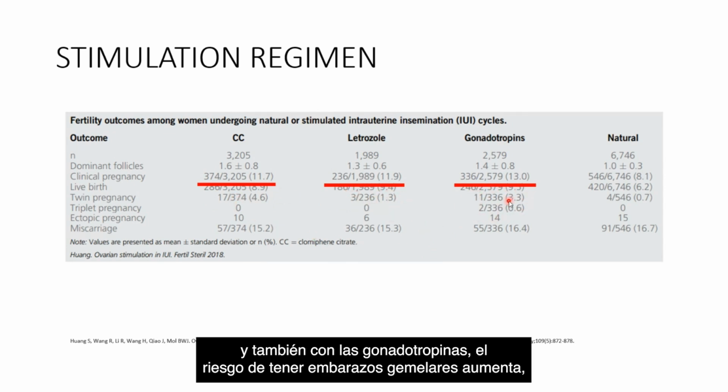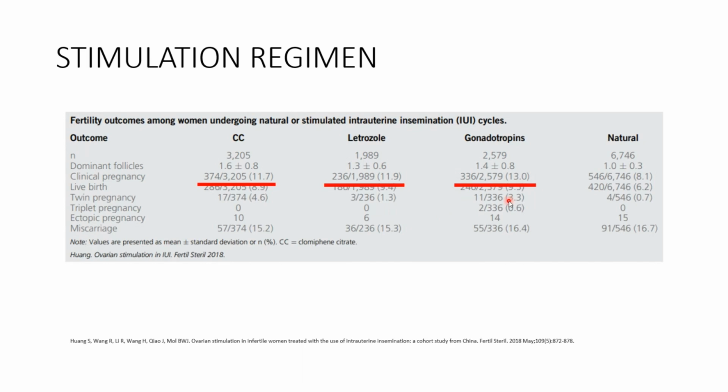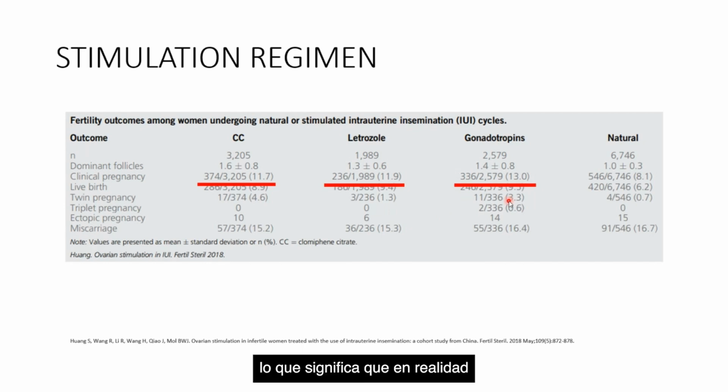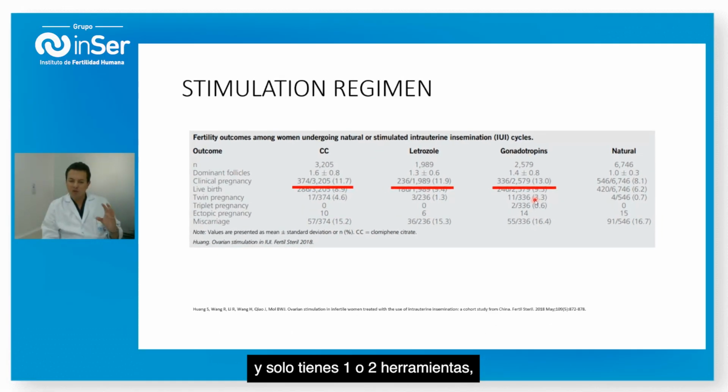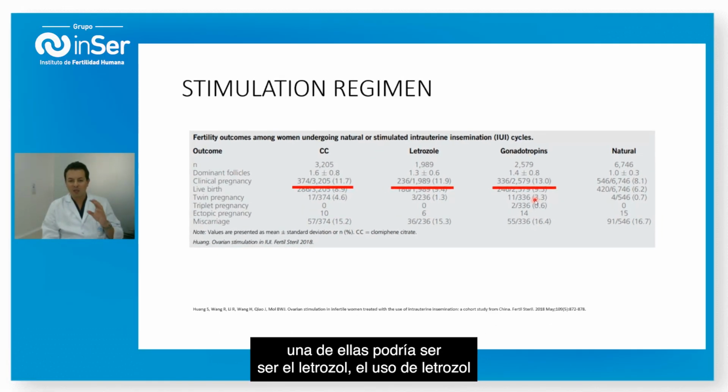And with the gonadotropins, the risk of twin pregnancies also increases, which means that if you don't have a lot of tools and you just have one or two, one of those might be letrozole.